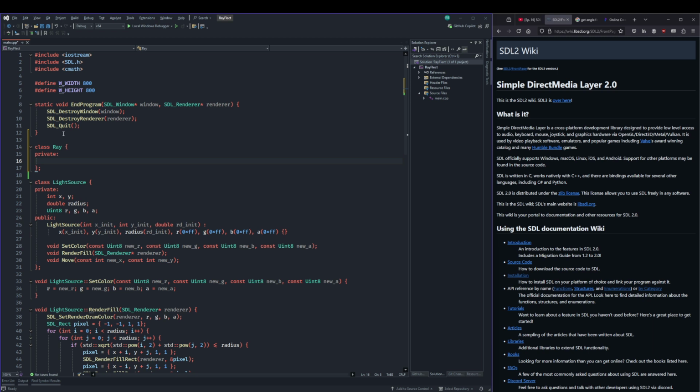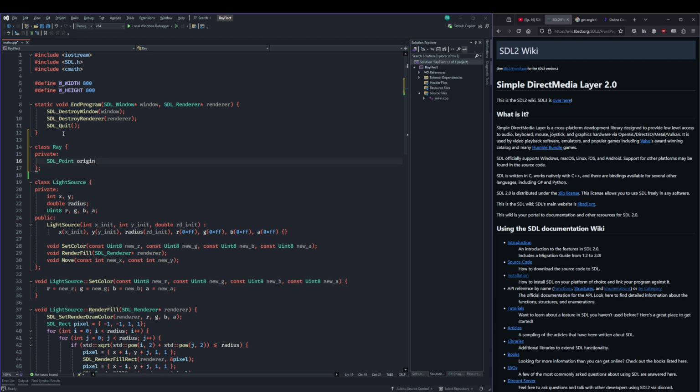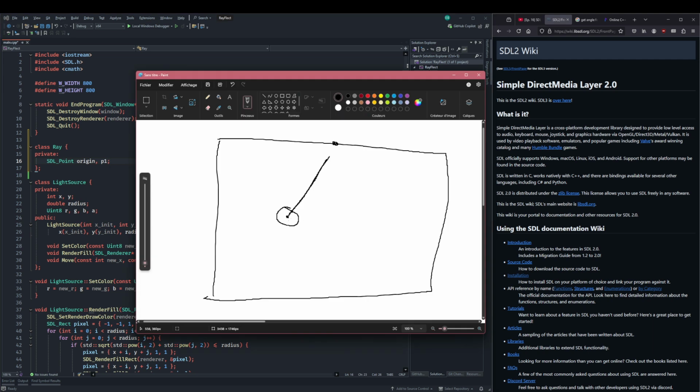So it's going to have an SDL point, the origin, and another point, P1. So basically, if we look at this drawing, the origin is going to be the center of the disk, and P1 is going to be the point on the perimeter, the border of the disk.